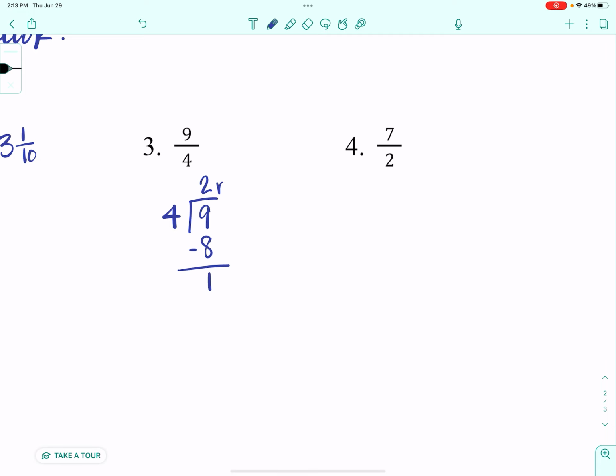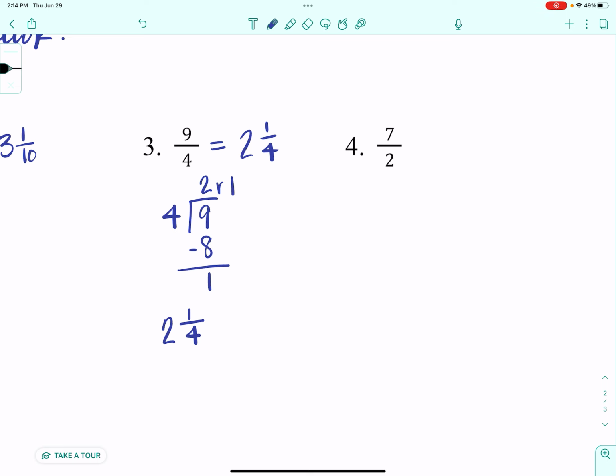So my answer would be 2 with a remainder of 1. I keep the integer part. The remainder becomes the numerator. The denominator stays the same. So 9/4 is the same as 2 and 1/4.